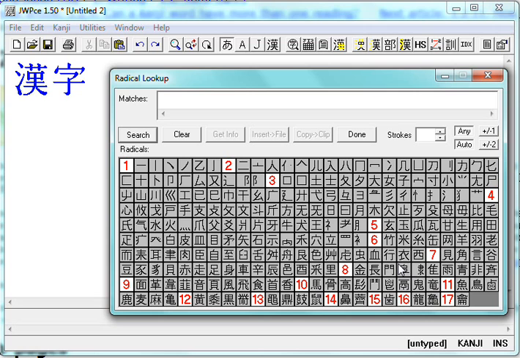Okay, well, what does that mean? What that means is that these radicals here, these 6 radicals, only have one stroke. So this only has one stroke, this one only has one stroke, and so on, okay?